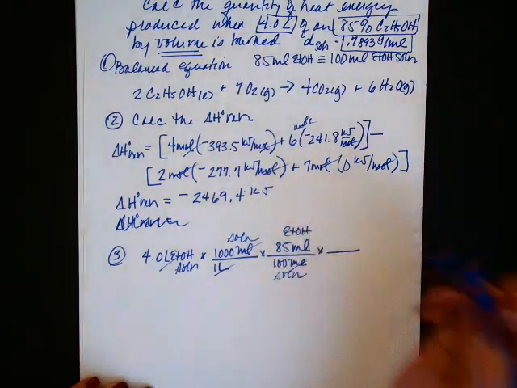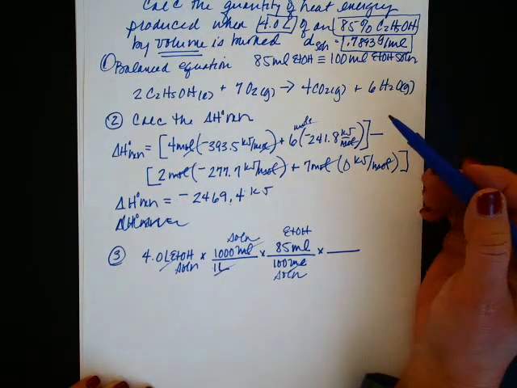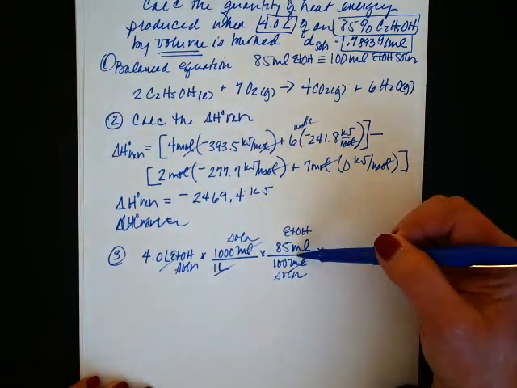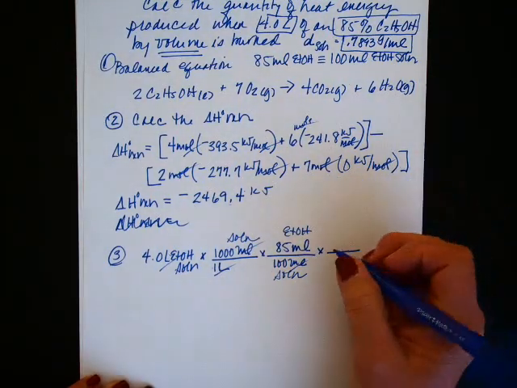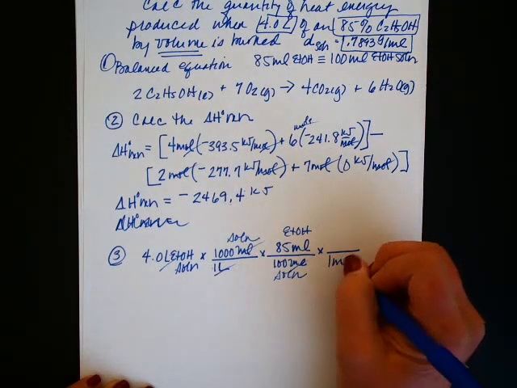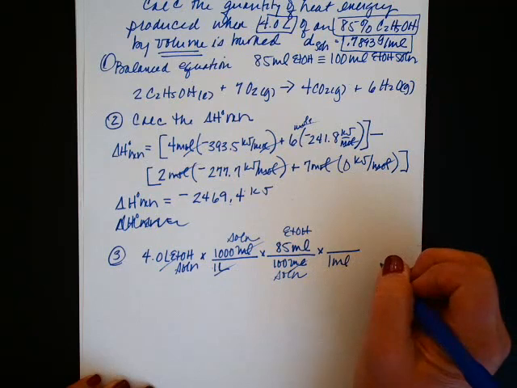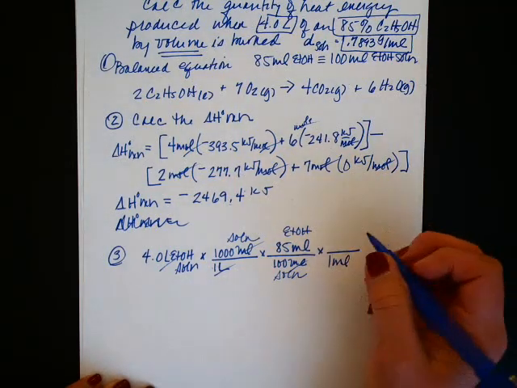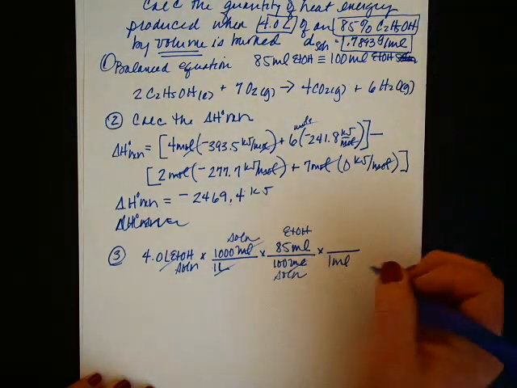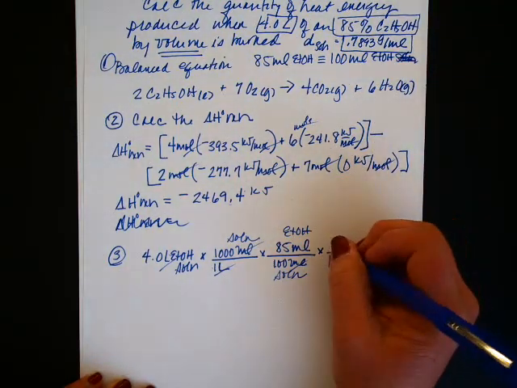In 1 mL, for the density of ethanol, I have 0.7893 grams of EtOH.